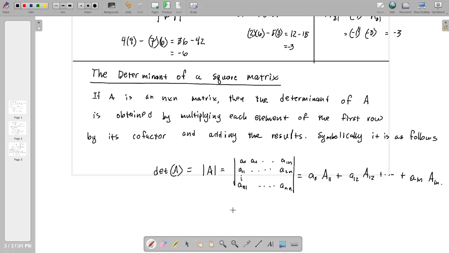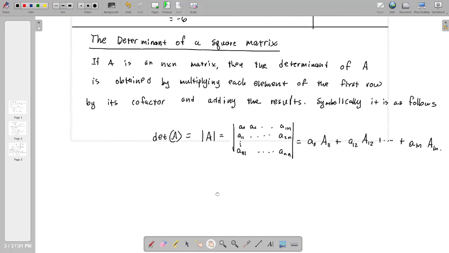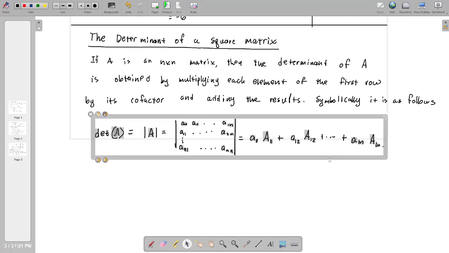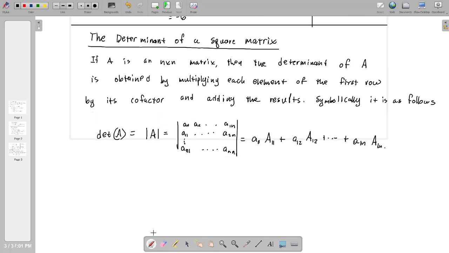Now, I do want to note that we generally use the first row, and that's how we teach it in the book, but it's not necessary. You don't necessarily need to use just the first row. You can use any row, or you can use any column for that matter.